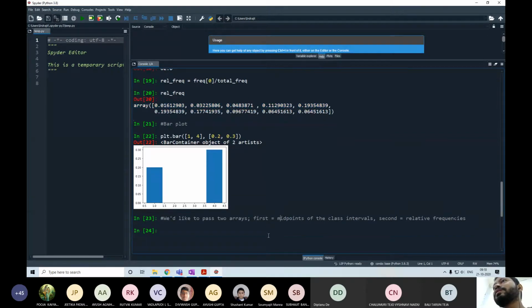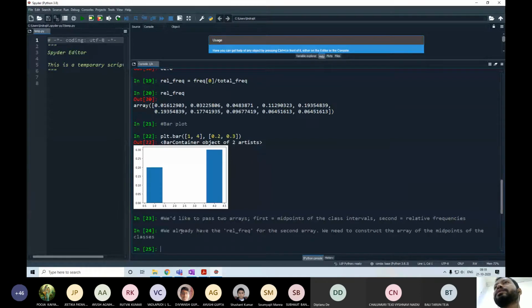We would like to get the first array only. So for the first array, we need to construct the array of the midpoints of the classes.